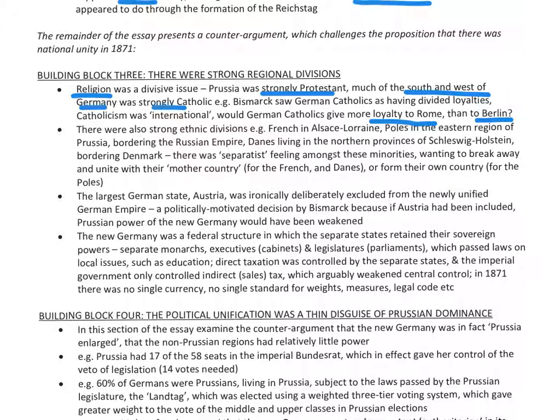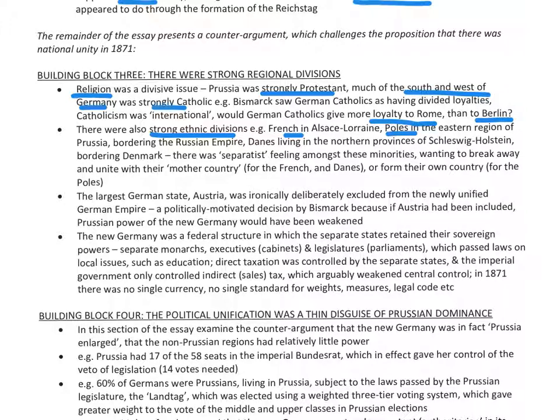Other ones, there were strong ethnic divisions. There were the French in Alsace-Lorraine, that was taken from France at the end of the Franco-Prussian War by the Treaty of Sedan. Alsace-Lorraine was annexed, it was part of the new Germany.